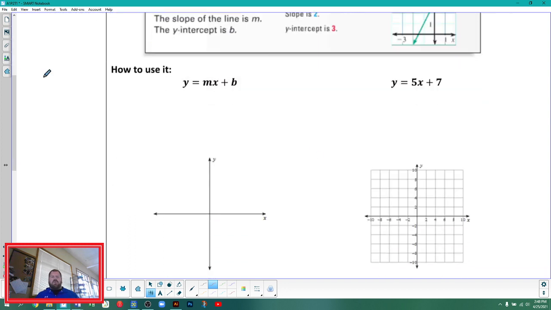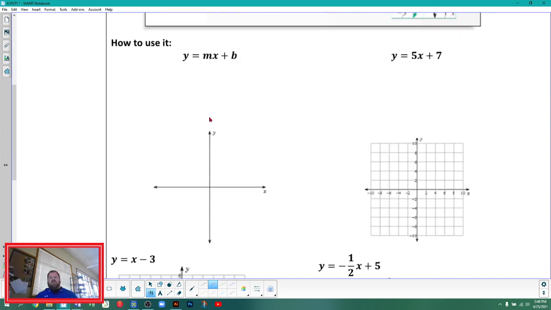So when we look at how to use y equals mx plus b, we want to plot the y-intercept. Say this is b right here. I'm going to put a point at b, then plot another point using the slope.